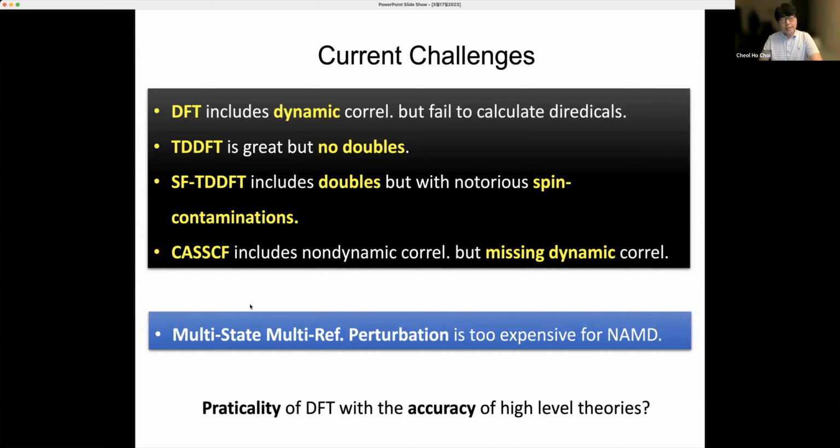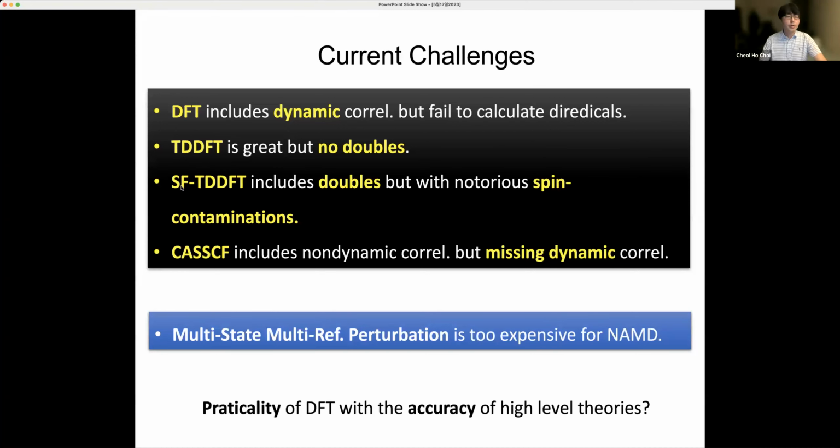So you might think that multi-state multi-reference perturbation theory would be the thing to do, but you know that it's too expensive for NAMD simulations. So we need a method with the practicality of DFT, but also with some good accuracy of higher level theories. And we had to start somewhere.